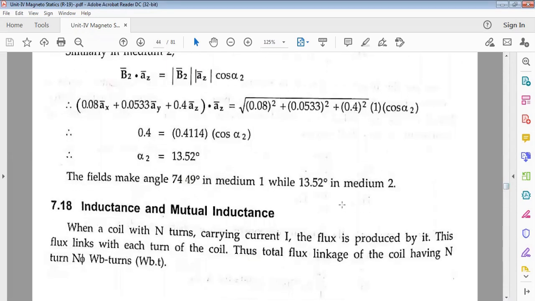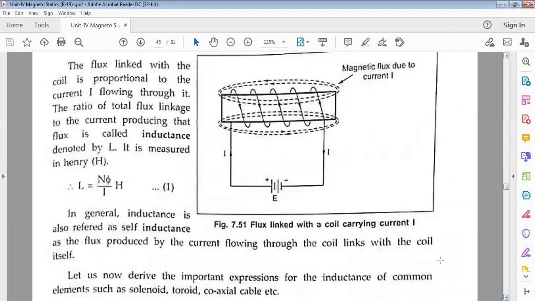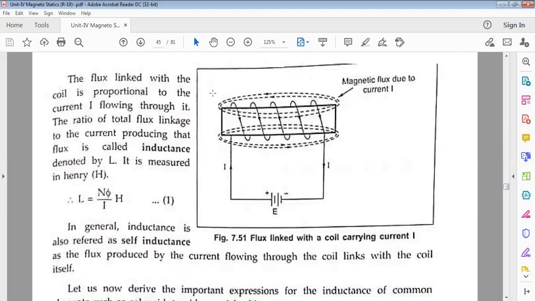See the inductance. When a coil with N turns carries current I, flux is produced by it. This flux links with each turn of the coil. Thus, the total flux linkage of the coil having N turns is N phi Weber-turns.